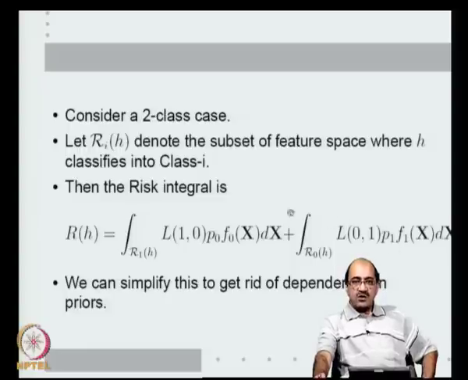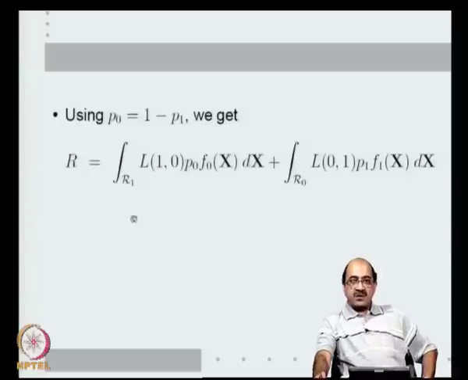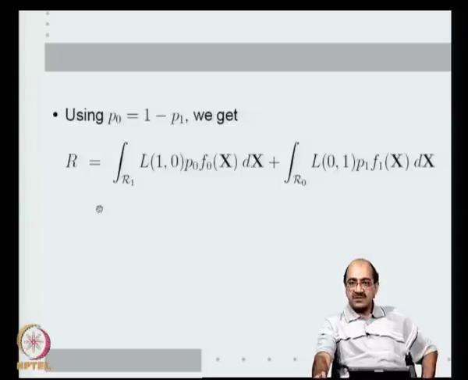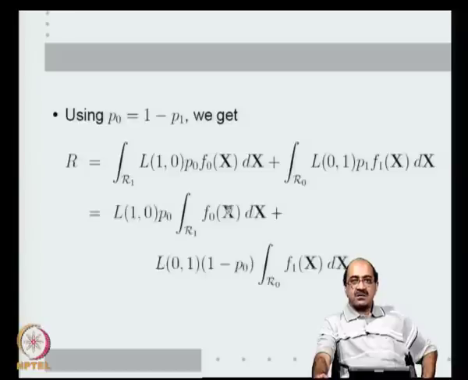Now, what we want to do is manipulate this expression so that it becomes independent of the prior probabilities. We can do that because we know that P0 is 1 minus P1 or P1 is 1 minus P0, so we can eliminate one of them. So, this is my risk integral. Over R1, it is L10 P0 f0, over R0, it is L01 P1 f1. Now, I can eliminate one of P0 and P1. Let us say I substitute P1 equal to 1 minus P0.